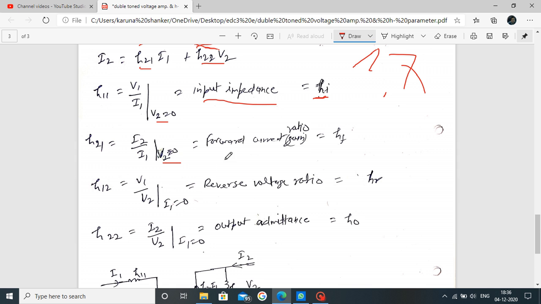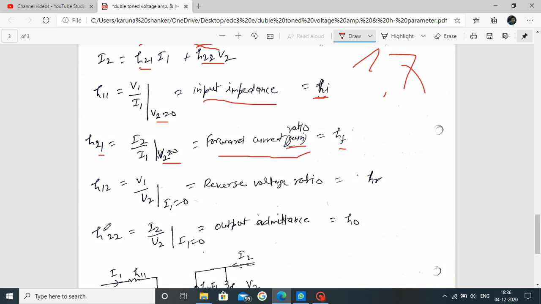This is called the forward current ratio, or we can also say forward current gain. In terms of the common emitter transistor or any transistor, we use H suffix f, the notation hf here.